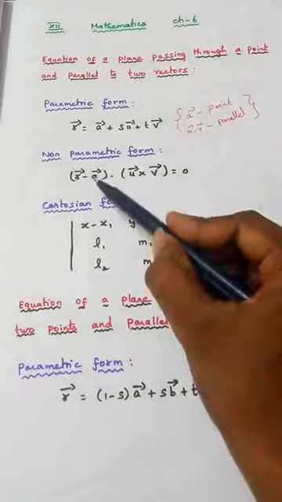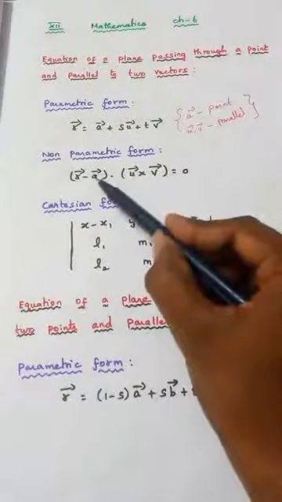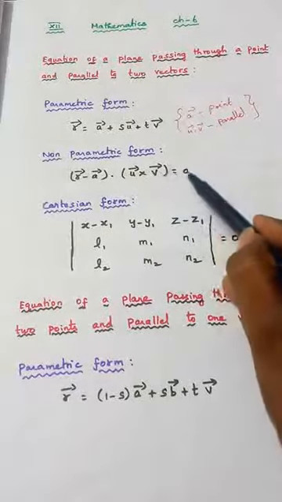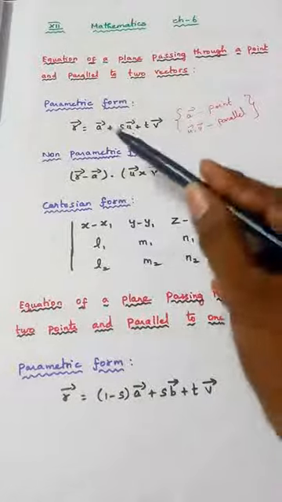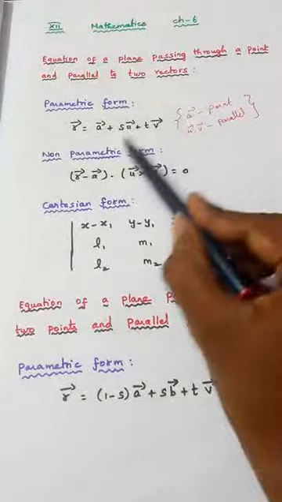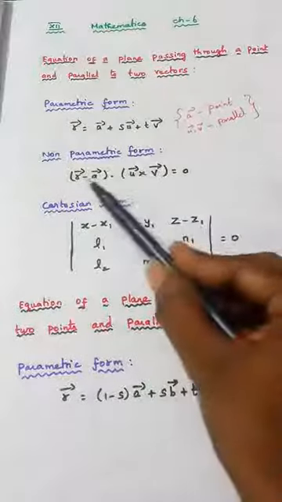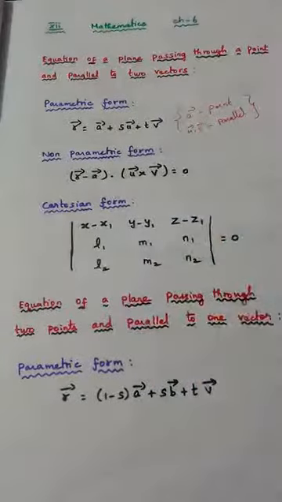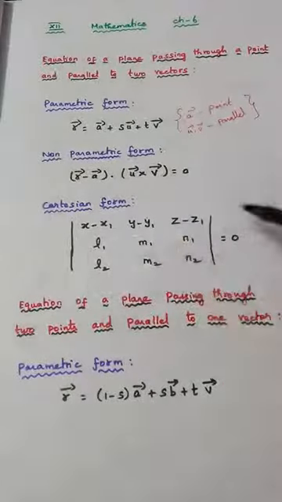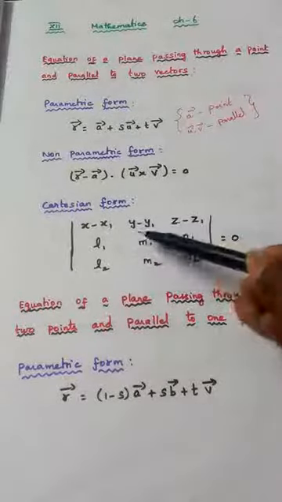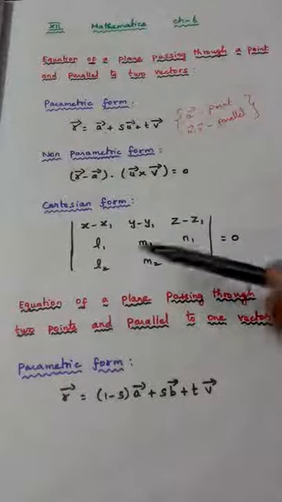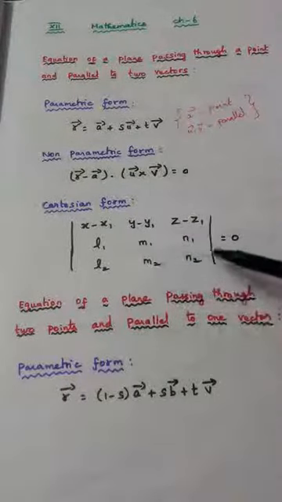This is the point again: r vector minus a vector, a vector meaning the point, dot u cross v, these two being parallel vectors, equal to 0. If you compare with the parametric form, constants may come. Non-parametric form means this s and t won't come. We will just have a vector, u vector, v vector and r vector. The third one is the Cartesian form. Determinant of rows (x minus x1, y minus y1, z minus z1), (l1, m1, n1), (l2, m2, n2) equal to 0.